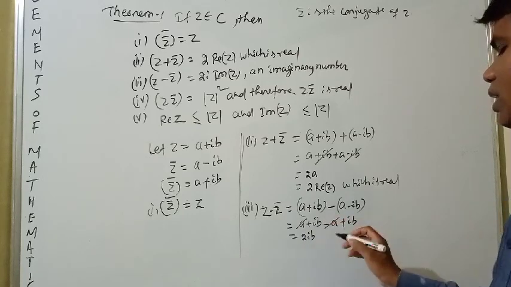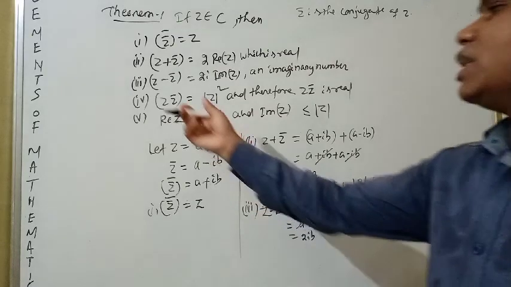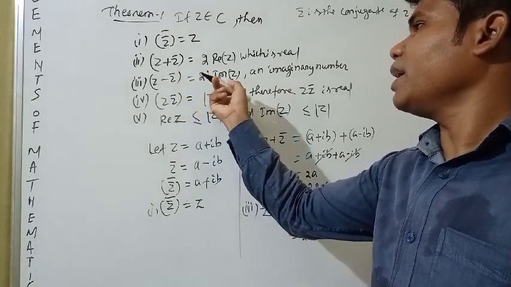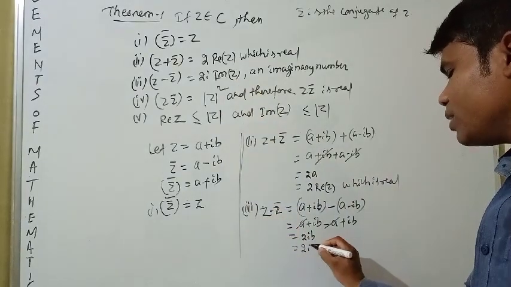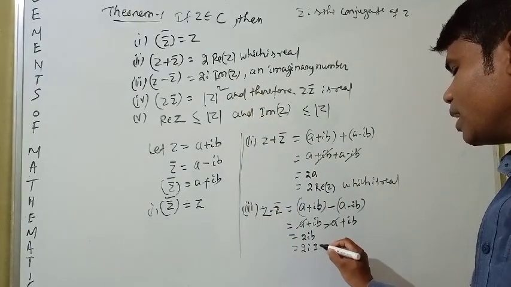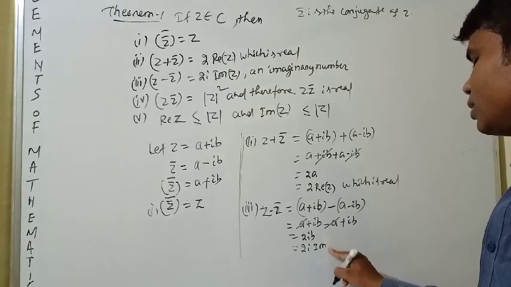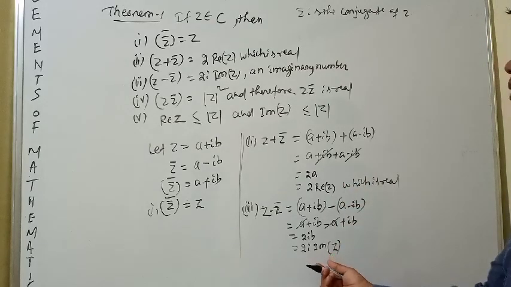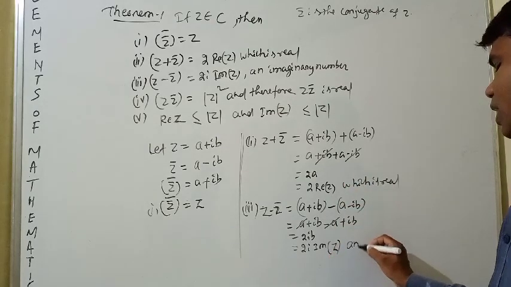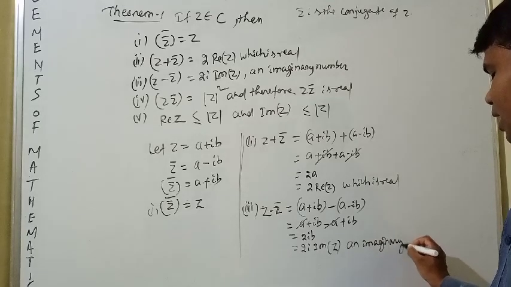So Z minus Z bar is equal to 2I times the imaginary part of Z, since B is the imaginary part of Z. This is an imaginary number.